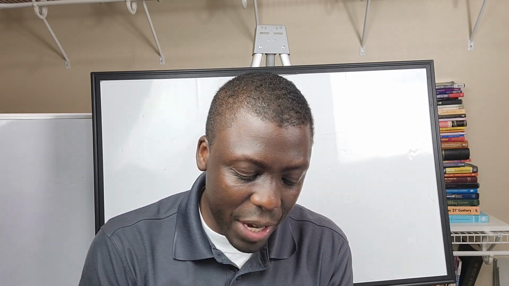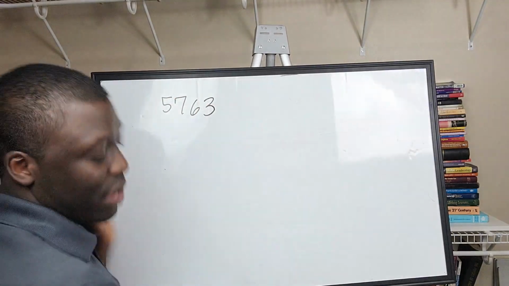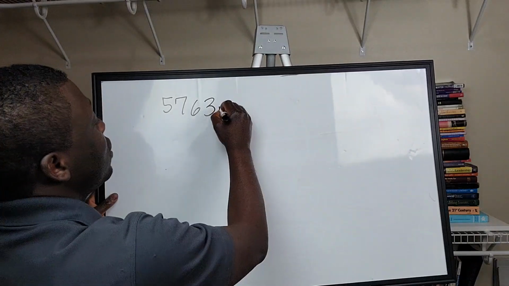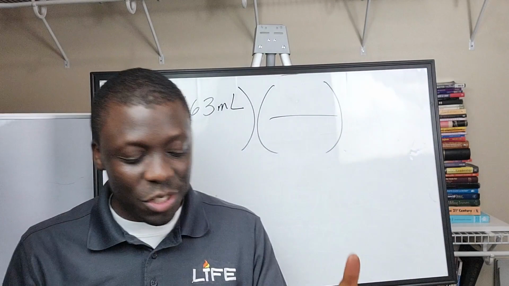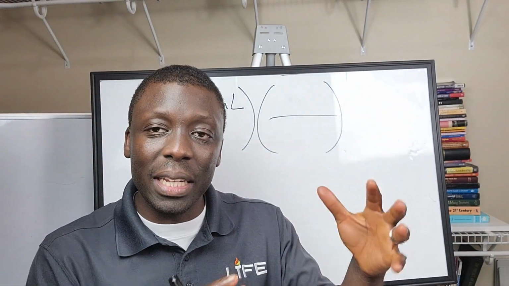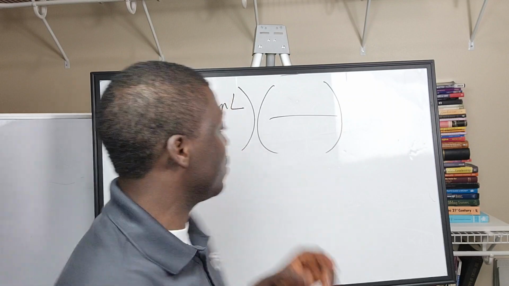So it's the same principle here. You might have to do multiple steps. So let's look at 5,763 milliliters. And we're trying to change that to decaliters. What we can do is we can change the milliliters to liters first, and then change the liters to decaliters.